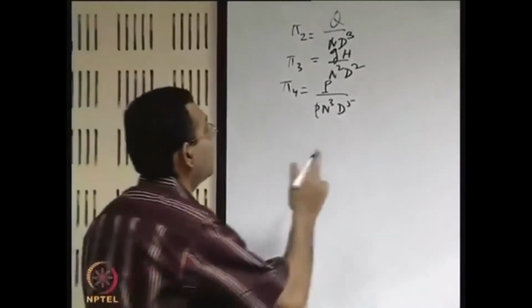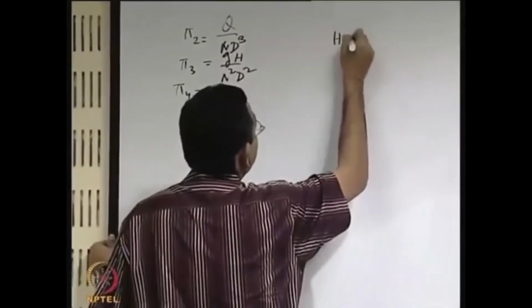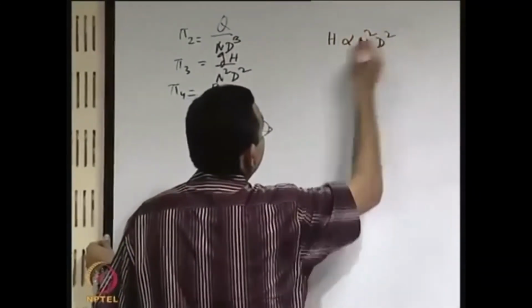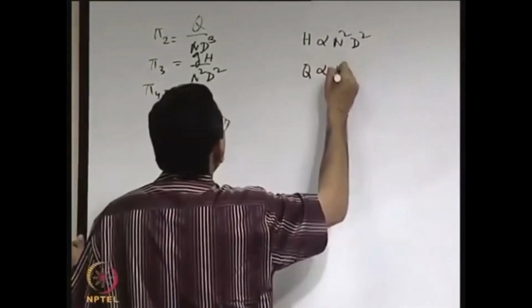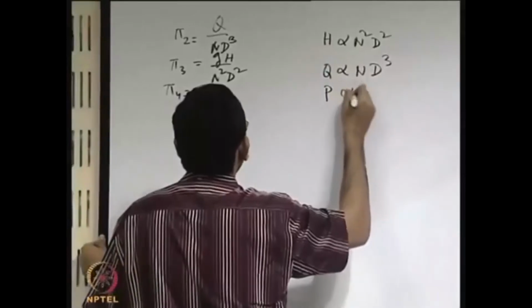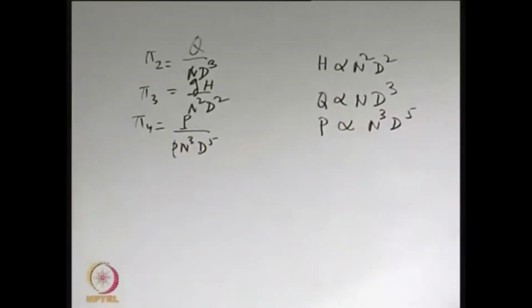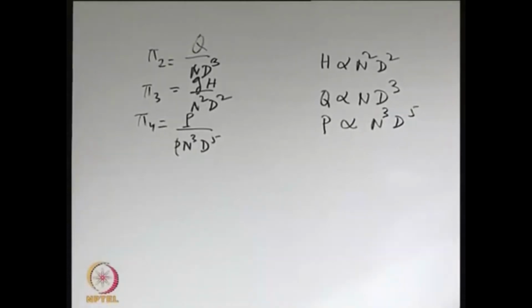So, from here we can conclude that H varies as N square D square, Q varies as N D cube and P varies as N cube D to the power 5, with an understanding that rho and g are constants.